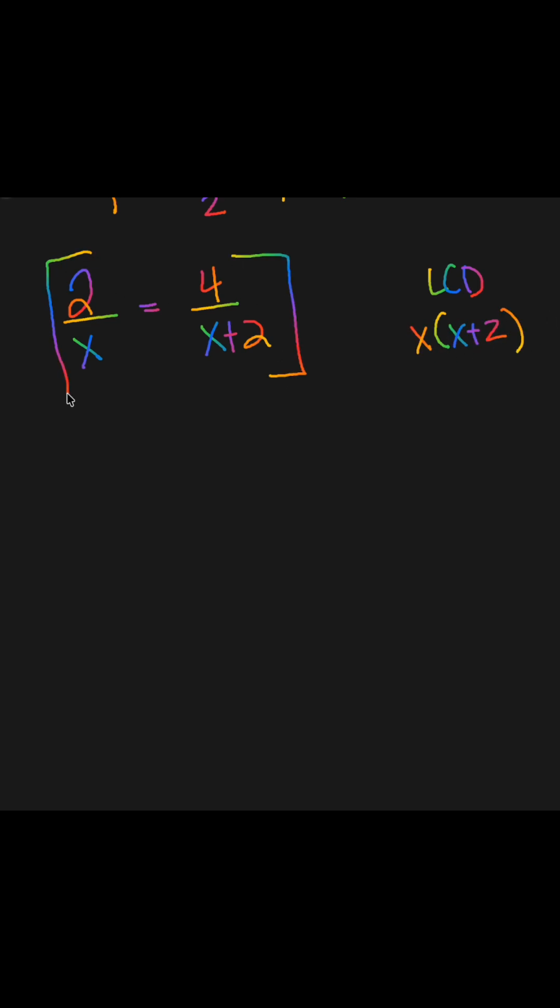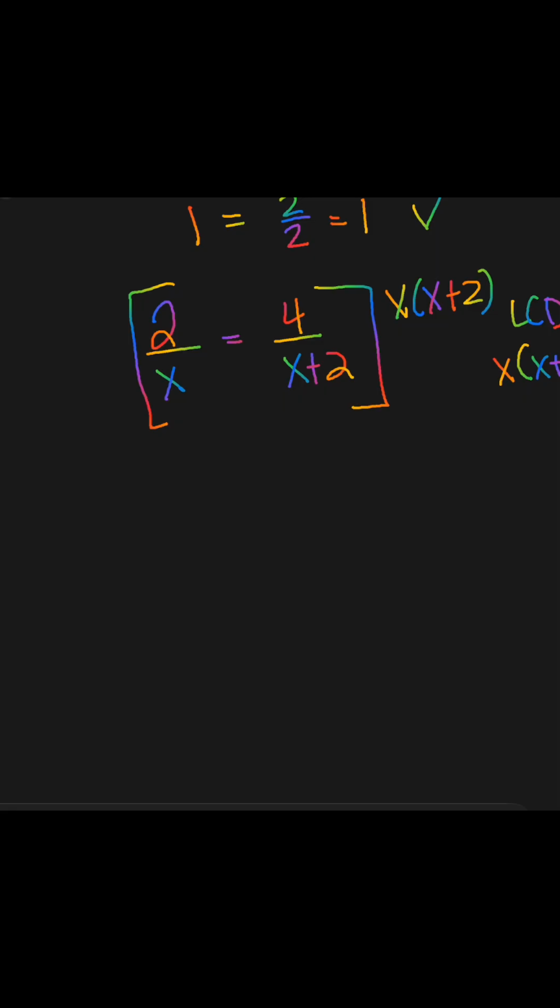Let's do a quick check. 2 over x equals 4 over x plus 2. Our least common denominator is x times x plus 2. So we're going to multiply through by our LCD of x times x plus 2.